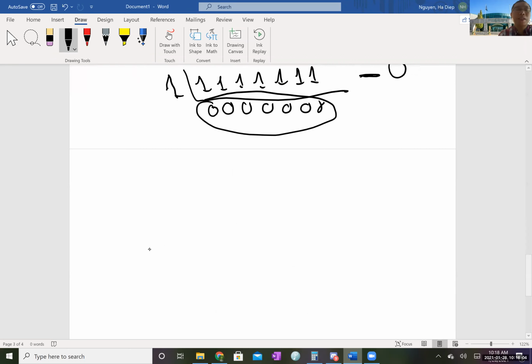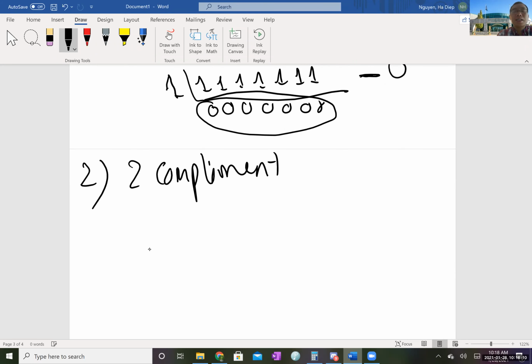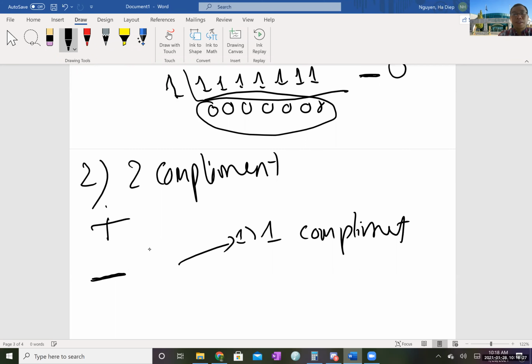So the next one is two's complement. In the case of two's complement, the positive is always the same. Do it normally. In the case of negative, first, you have to convert it to the one's complement. Second, from the one's complement, you add the number 1.